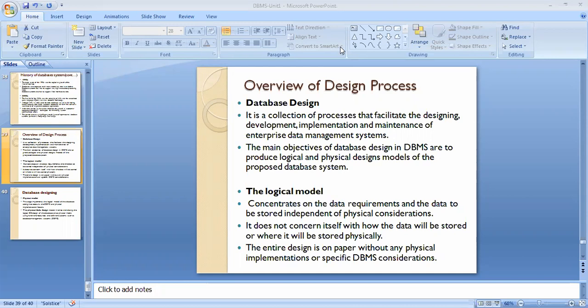So first one is the logical model. It concentrates on the data requirements and the data to be stored, independent of physical considerations. See, we want to design a database, but before that we should know the requirements of the customers, or the needs of the organization, for which purpose we are designing it.